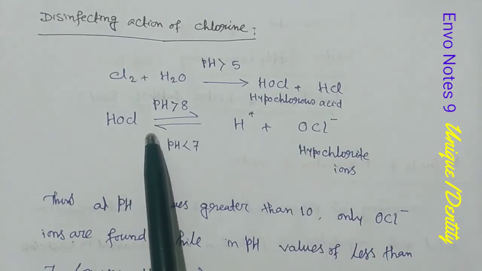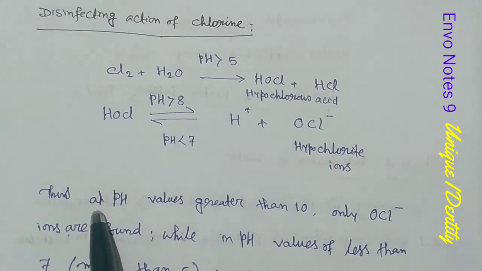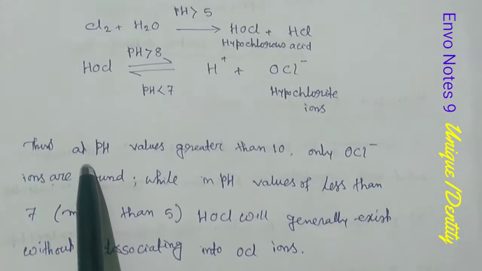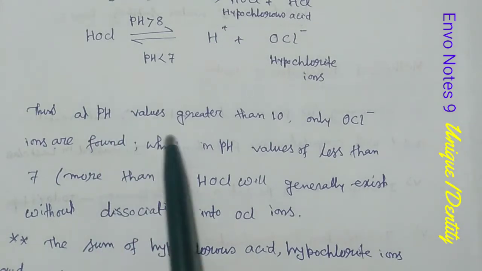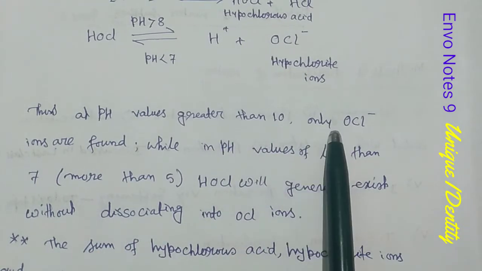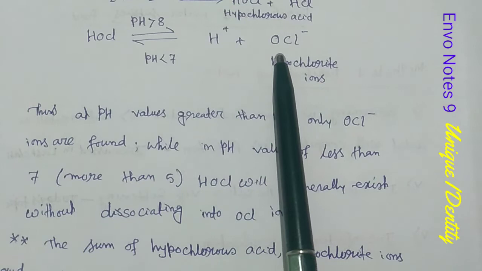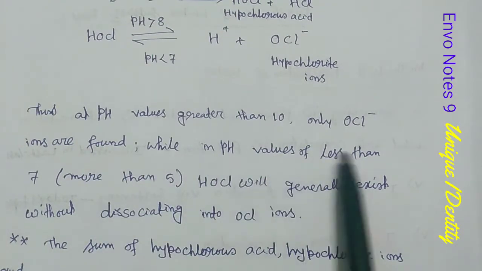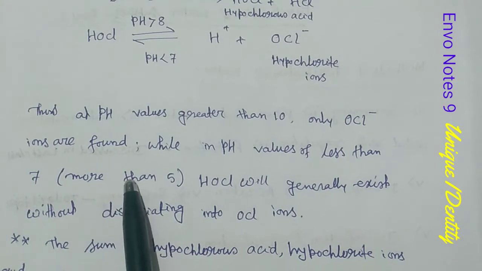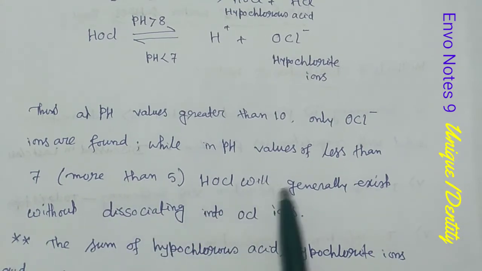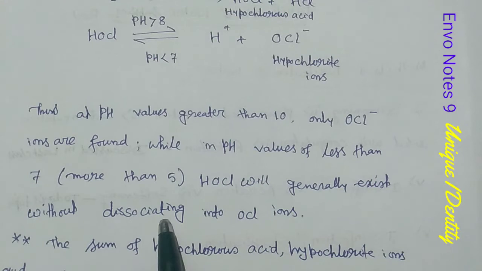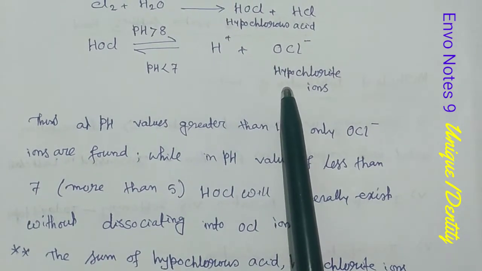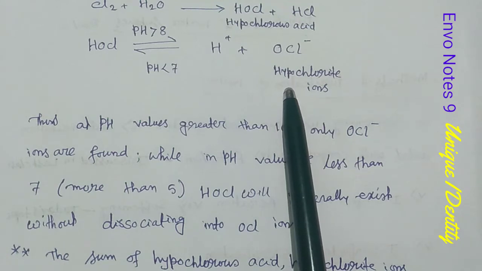So I have given the description that at pH value greater than 10, only OCl- ions, the hypochlorite ions, are found. While at pH value less than 7 but more than 5, HOCl generally exists without dissociating into OCl-, that means hypochlorite ion.